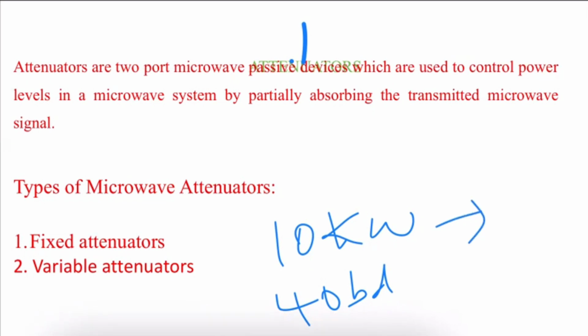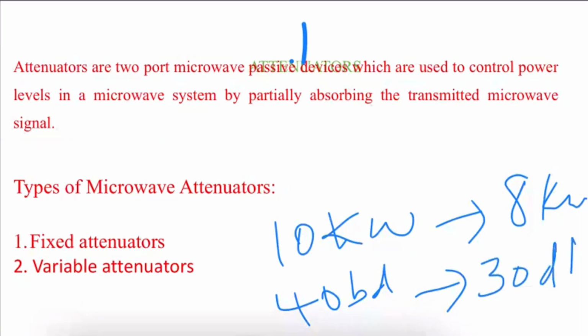If in a fixed attenuator I want to attenuate a power of about 2 kilowatts, then the remaining power that is transmitted to the receiver is 8 kilowatts. The same if you want to express in terms of dB: if there should be 10 dB of loss in the power, then the remaining 30 dB should be transmitted at the end.